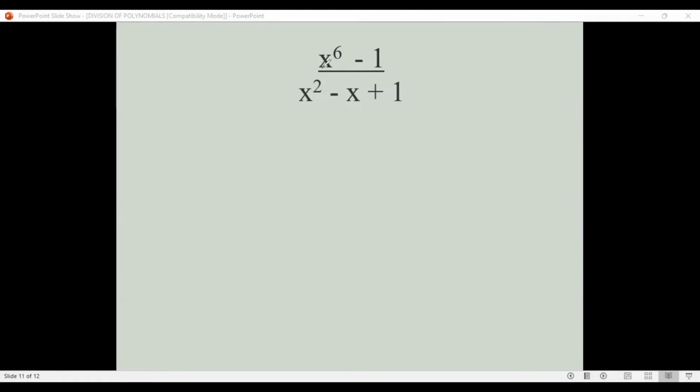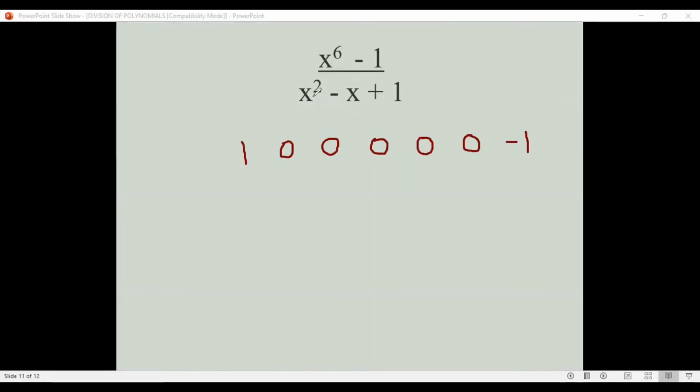So again, the numerical coefficient of this x raised to 6 is automatically equal to 1. So we need to insert 0 for x raised to 5, another 0 for x raised to 4, another 0 for x raised to 3, another 0 for x raised to 2, another 0 for x raised to 1, and then we have the negative 1.